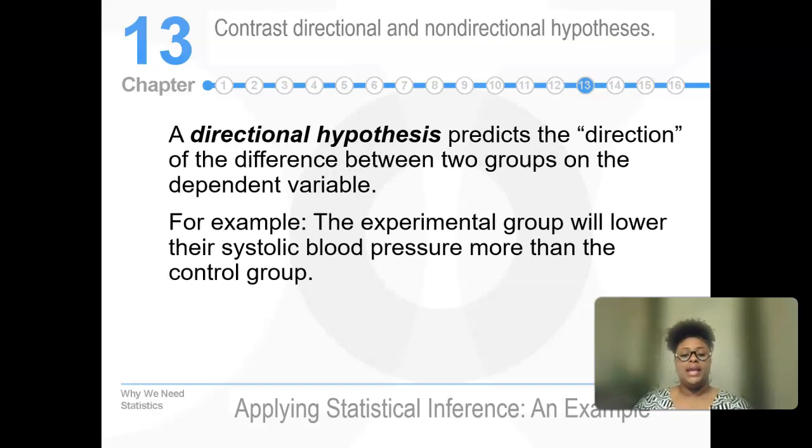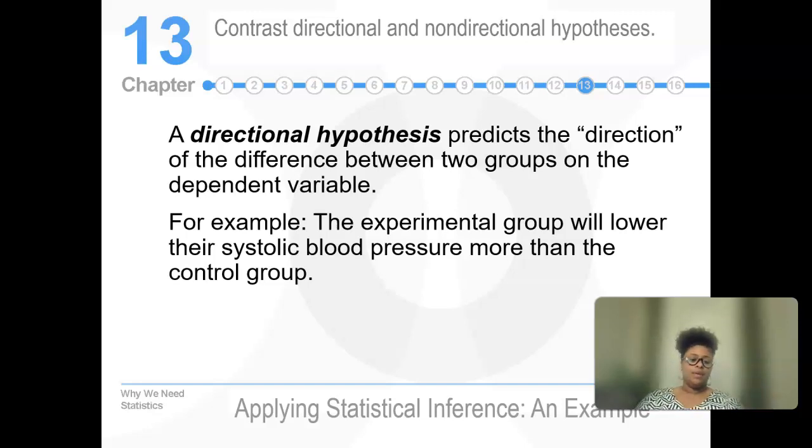So we may create a directional hypothesis. This is going to state that we're going to pick a side. We're going to predict the direction of the difference between the two groups on the dependent variable. So for an example, I might say that the experimental group will lower their systolic blood pressure more than the control group.